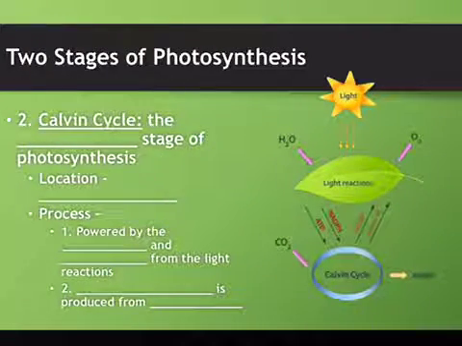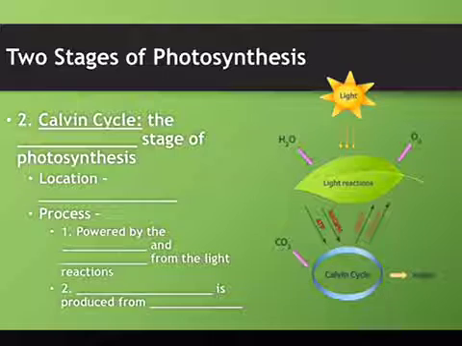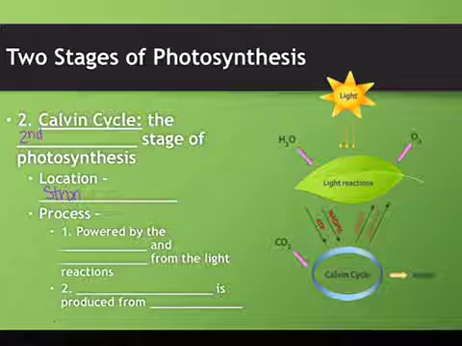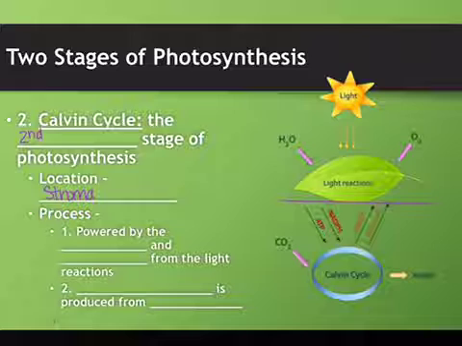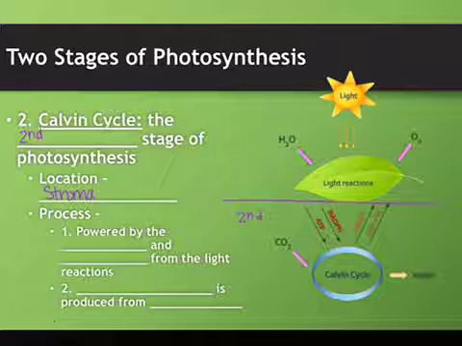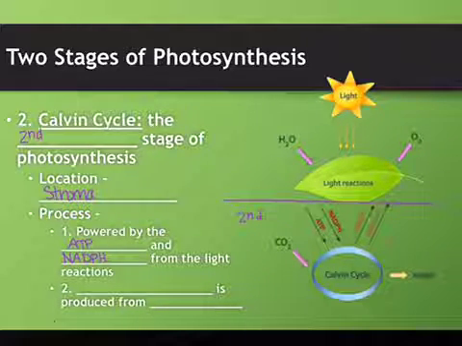Stage 2 is referred to as the Calvin cycle for the scientists who discovered it. And this takes place in the stroma, that fluid around the thylakoids. And so remember, we're down here on the second half. And this process is powered by the ATP and the NADPH that was formed during the light reactions.